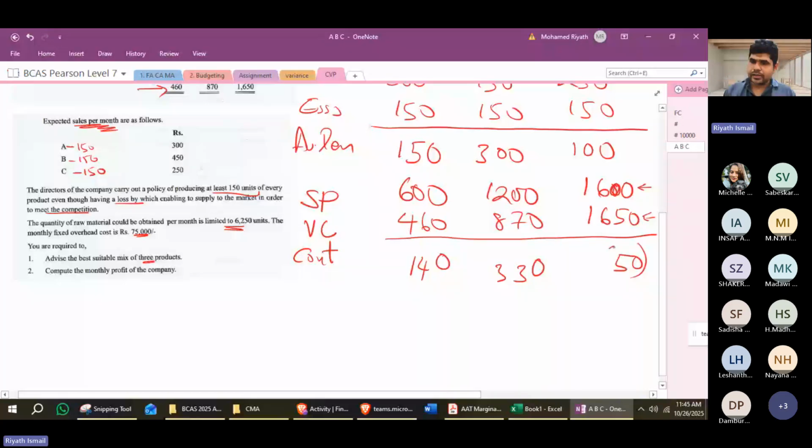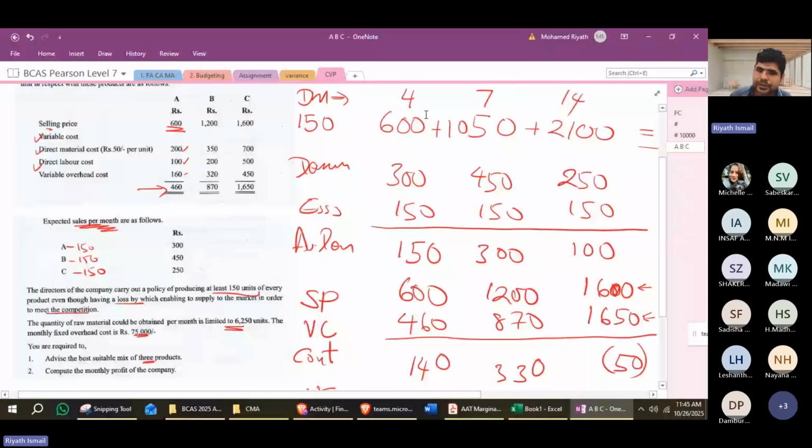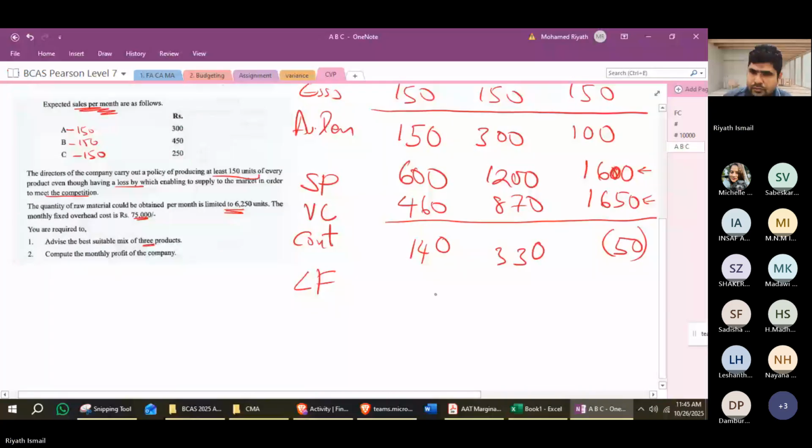Okay. So now, what is the contribution? So limiting factor, we need limiting factor per unit. Here we already found 4, 7, 14. Then contribution per limiting factor: how much?